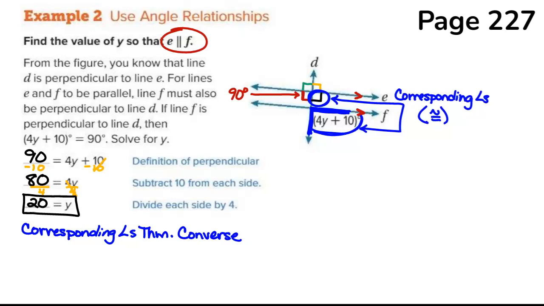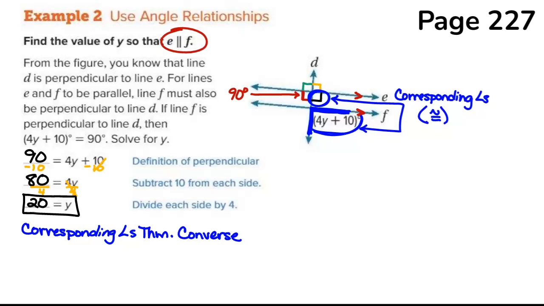Yes. So you mean like doing 4y plus 10 plus 90 equals 180?